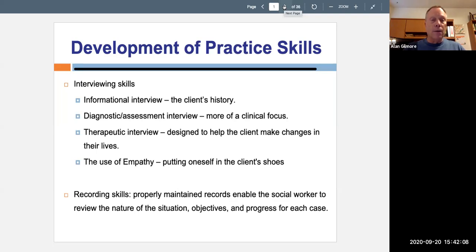Throughout all of this, it becomes important to use what is identified as empathy, often defined as putting oneself in the client's shoes. Using empathy throughout any kind of interviewing process is a valuable, effective strategy for moving the relationship forward and getting the most information to make an effective assessment.